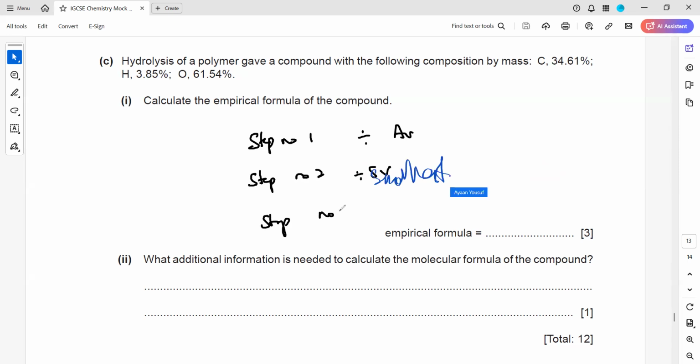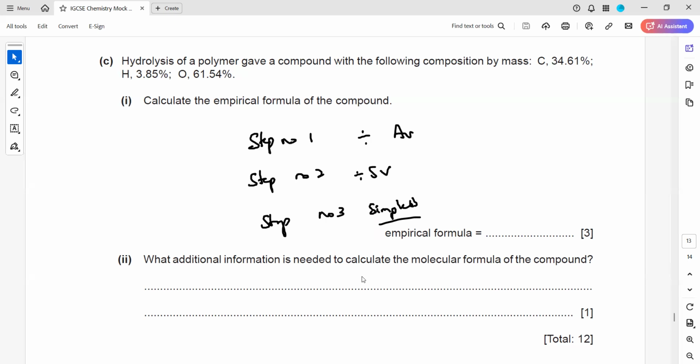And step number 3, you take the simplest ratio in whole numbers. To take the simplest ratio, no, not rounding off, because it's not always done by rounding off.